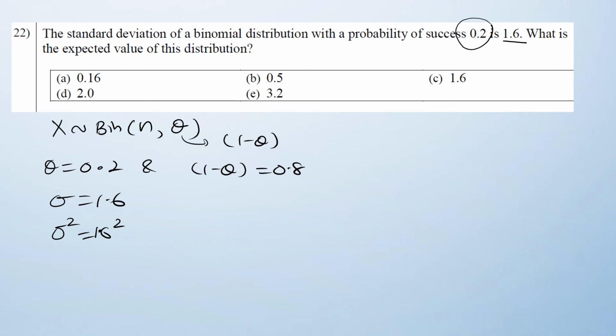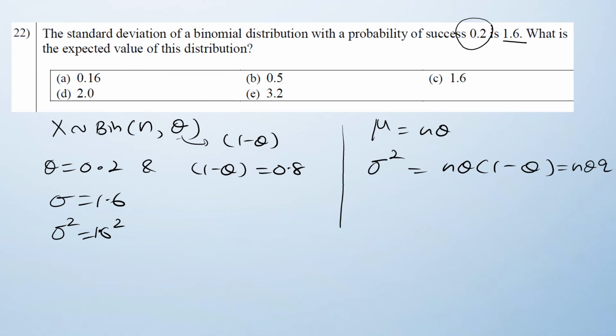Then in terms of n and theta, we can have a relationship between mean and standard deviation. Mu is n theta. Variance will be n theta into 1 minus theta, otherwise n theta q, where q is the failure probability. So sigma squared is known, 1.6 squared.